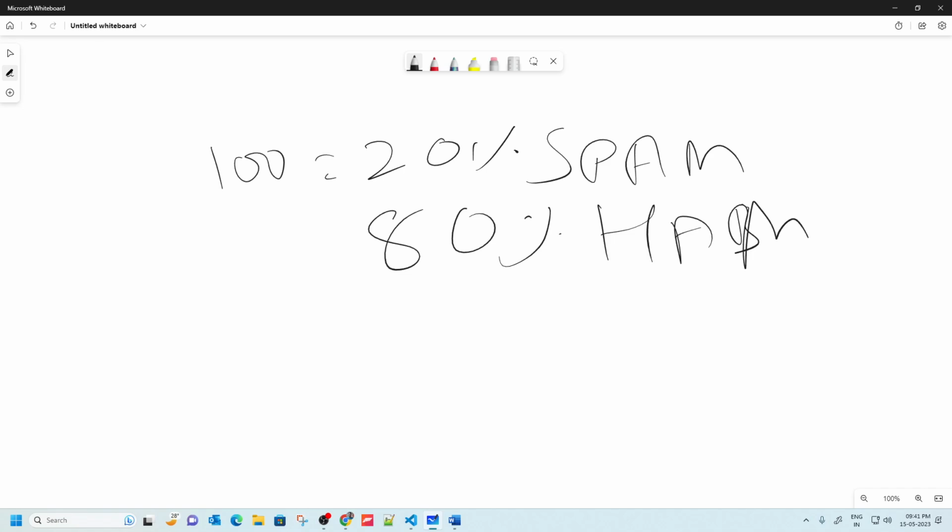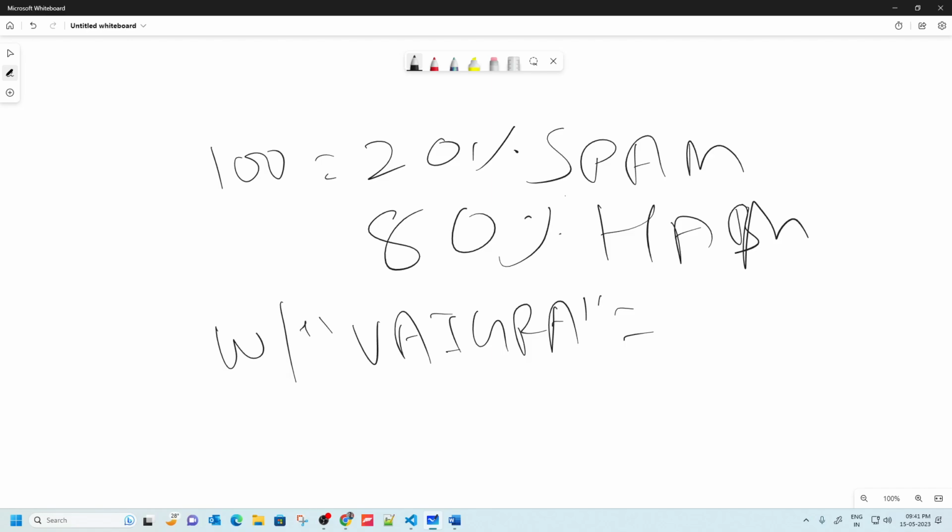Okay, now suppose an email contains the word Viagra. So it will increase the probability of the email being spam. Okay, suppose it increases the probability of an email being spam by 70%. So this is an example of conditional probability, where the probability of B is affecting the probability of A.